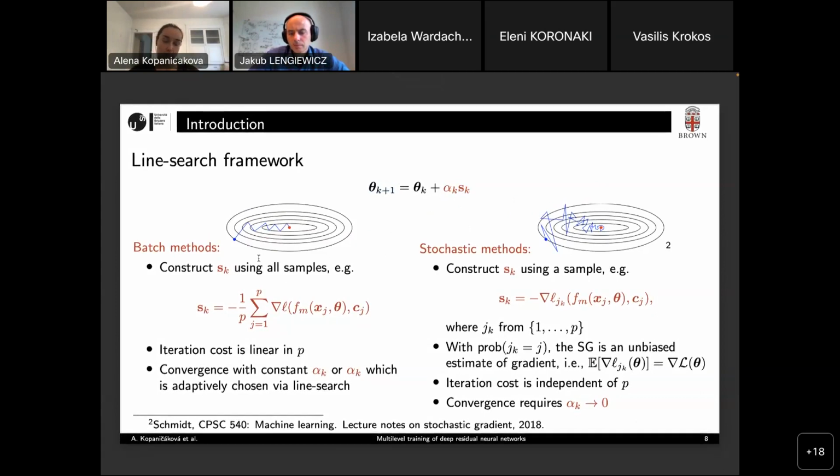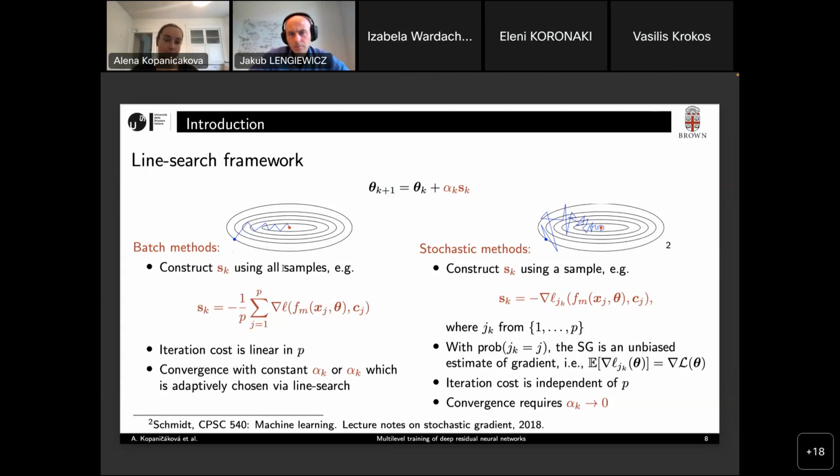I think the most standard is the batch approach, where the search direction is constructed using all samples in our dataset. For example, if you decide to use a first-order optimization method, then our search direction would be obtained as the negative gradient evaluated using all samples in the dataset.